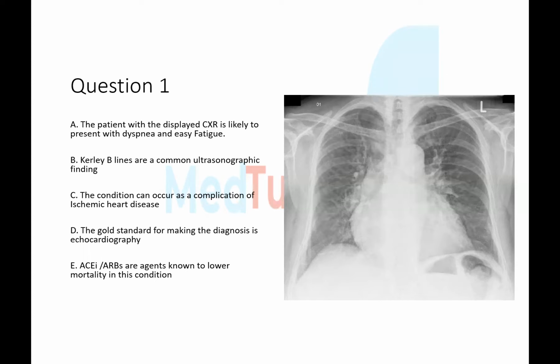Don't really bother yourself about Kerley B lines, but know about pleural effusion, cardiomegaly, and mass, maybe a mass in the lungs. The exam is probably one that a 400 level or 500 level student should pass. So nothing out of the blues.